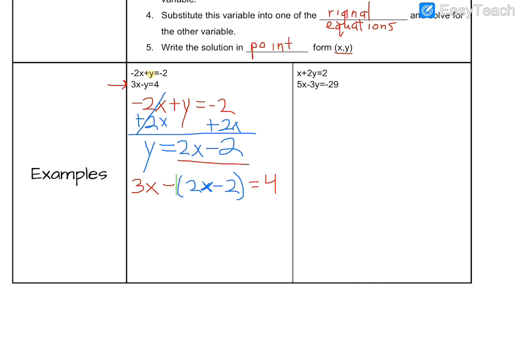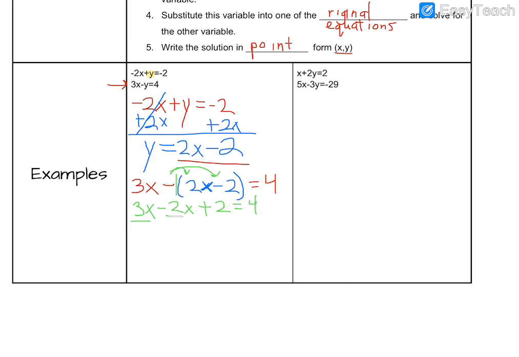So remember, we need to get rid of parentheses. To get rid of parentheses, we're going to distribute what's in front. Since we just have that minus there, we're going to distribute the -1. So we end up with 3x minus 2x plus 2 equals 4. Alright, and then we need to solve for x here.